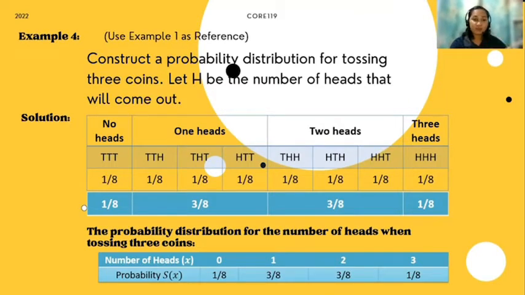And for the probability, we can have P of X, or rather H of X, since we use H here to denote heads. That will be 1/8, 3/8, 3/8, and 1/8 respectively. So we have here below the probability distribution for the number of heads when tossing 3 coins. Okay, so that's for example number 4.